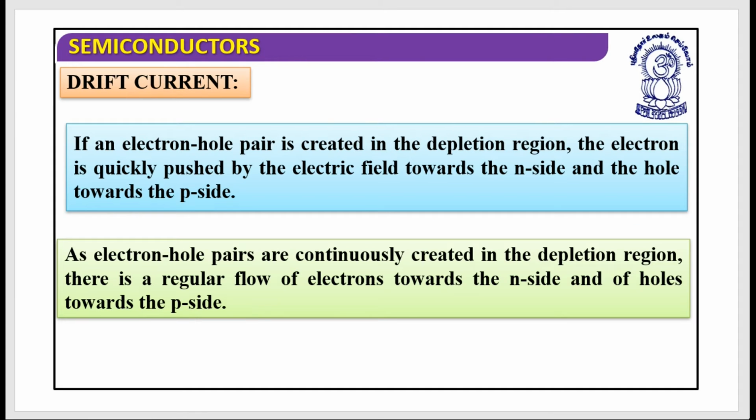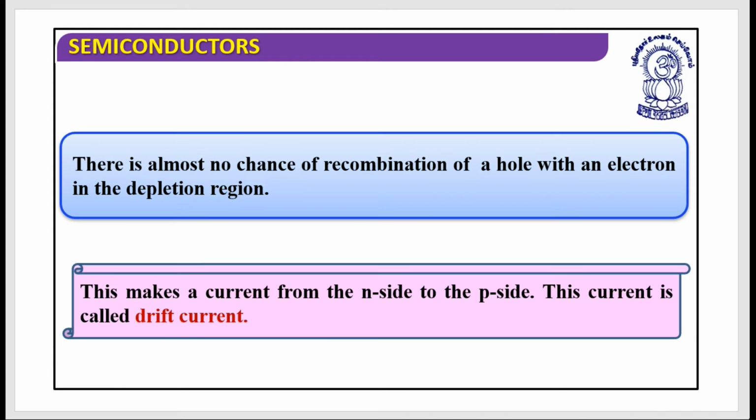Let's discuss what drift current is. If an electron hole pair is created in the depletion region, the electron is quickly pushed by the electric field towards the n side and the hole towards the p side. In this situation, electron hole pairs are continuously created in the depletion region, and there is a regular flow of electrons towards the n side and holes towards the p side.